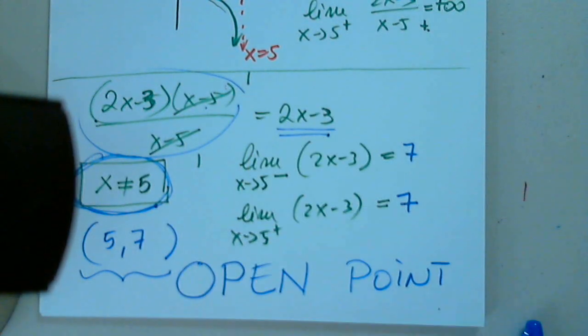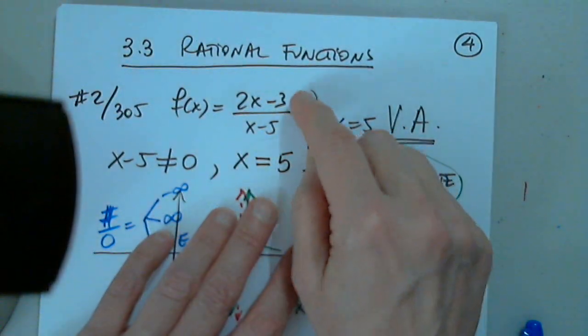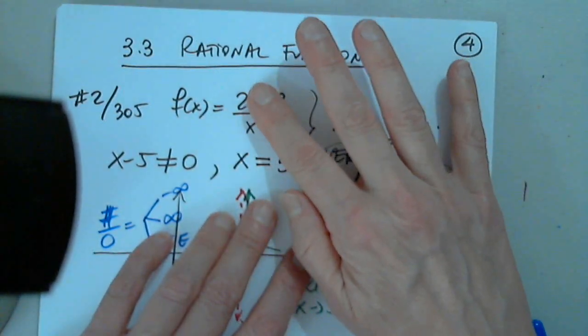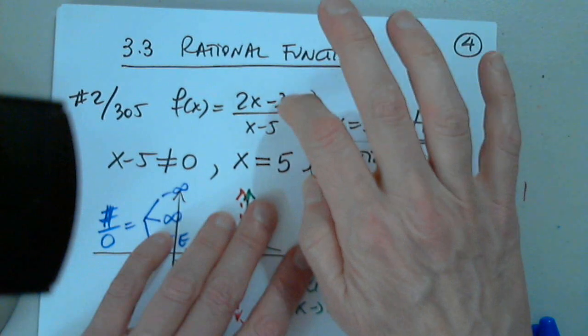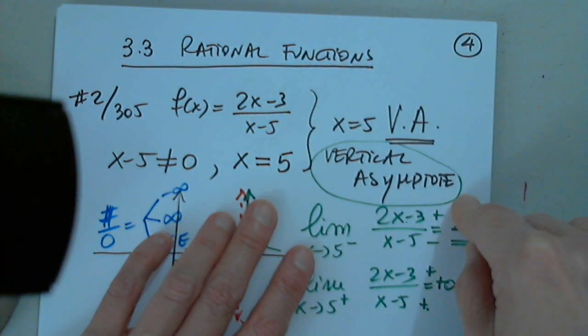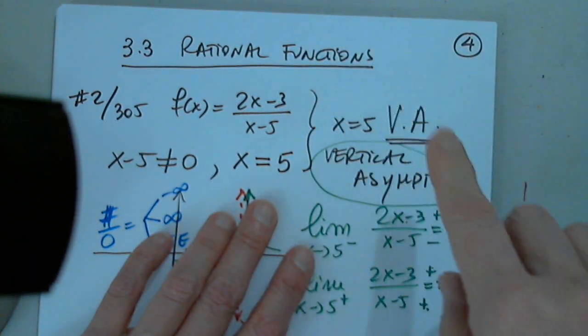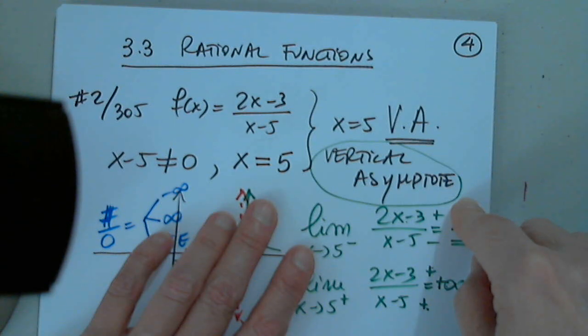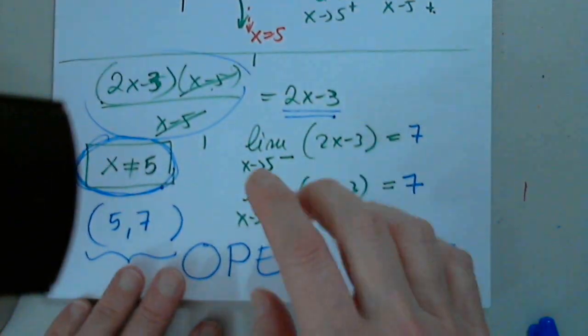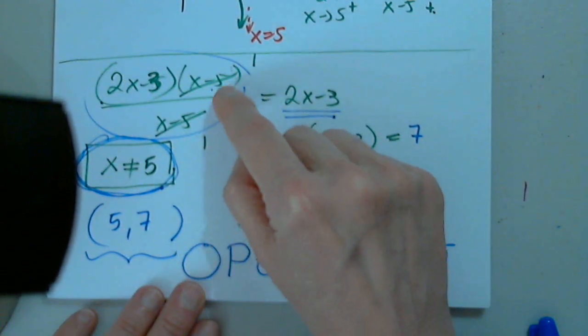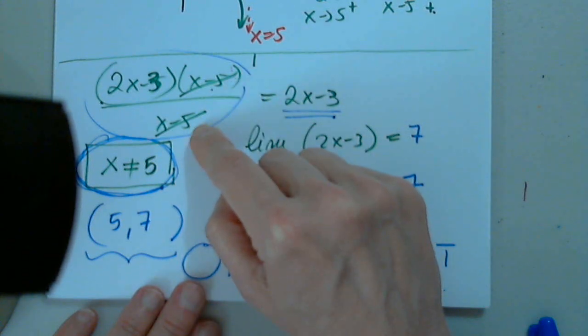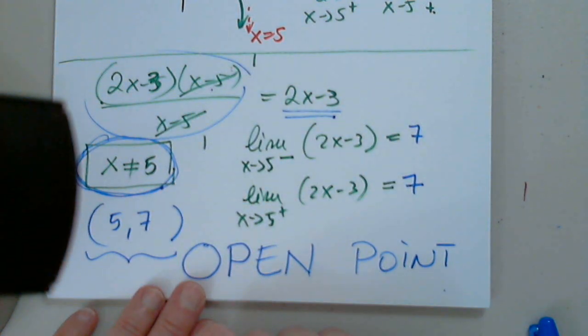I created a new problem because, see, if I say to you, the function is undefined at 5, it will always be a vertical asymptote, that would be incorrect. That statement is incorrect. Only if there is no factor that I can simplify with, then the statement is correct.